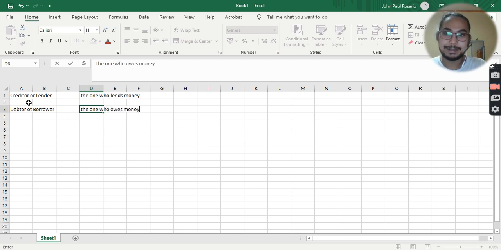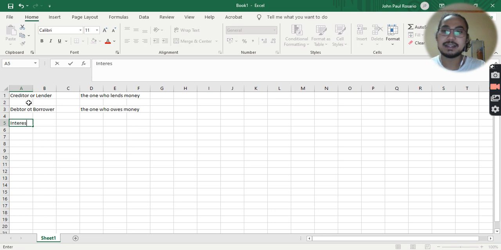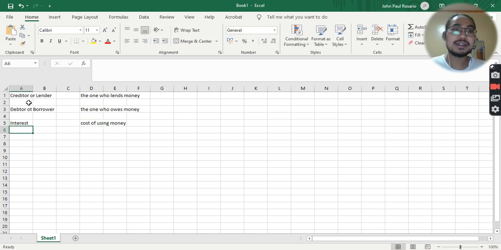Owes money. Okay? So nothing is free in this world. With that, the use of money is paid with what? It is paid with interest. So this is what we call the cost of using money. It is a cost on the part of the borrower, since the borrower pays, but this is the return of lending money on the part of the lender.